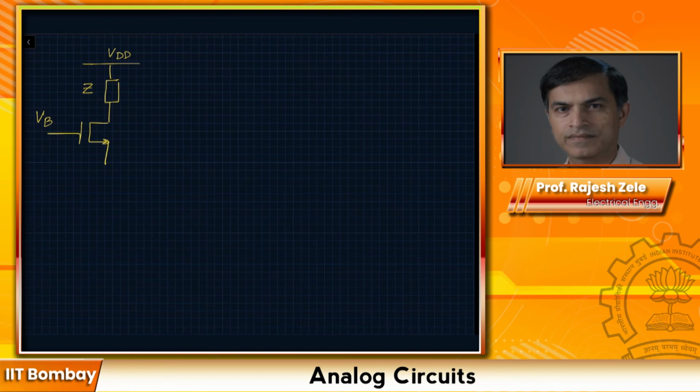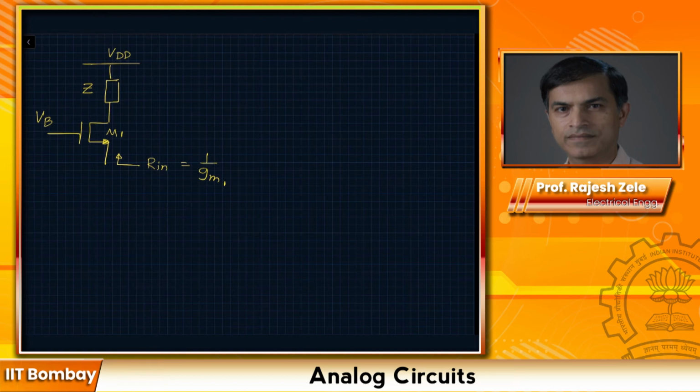Somebody may ask you, what is the resistance looking into the source of this transistor, Rin? A quick answer people tend to give is 1 divided by GM1 of the transistor. This answer is not exactly correct, and I would like to explain it to you. So follow my train of thought.